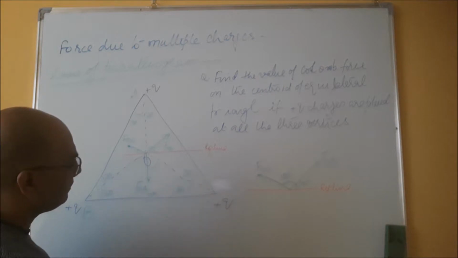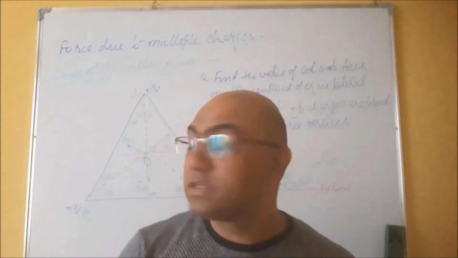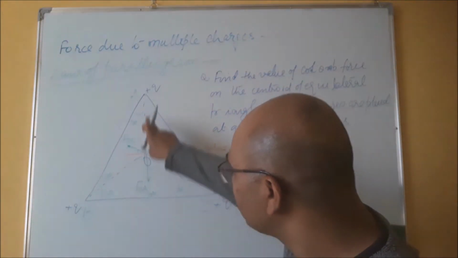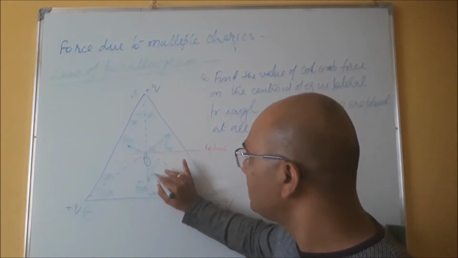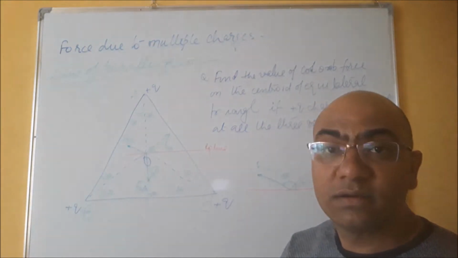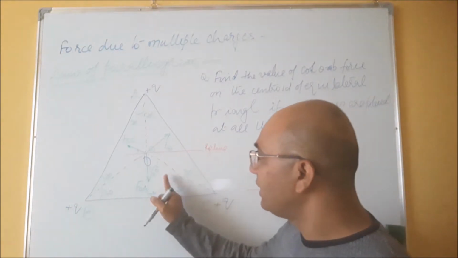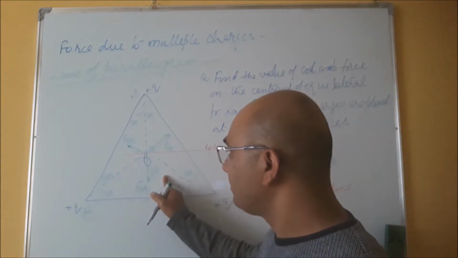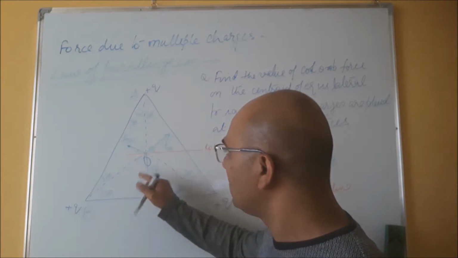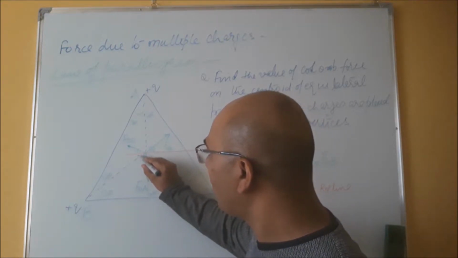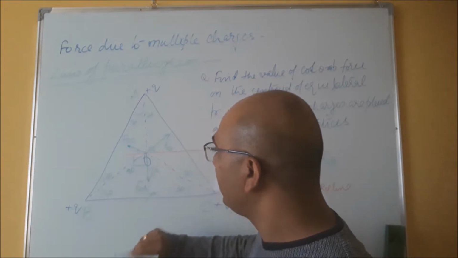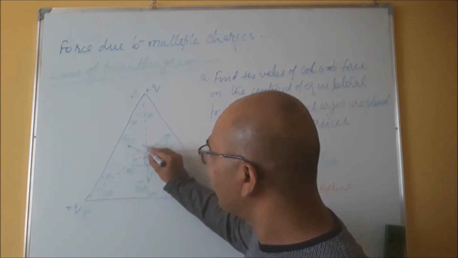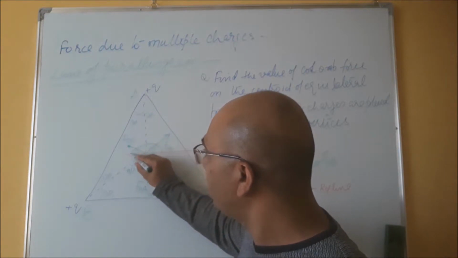This is 90 degree, which is coming down, this is 30 degree, so naturally this is 60 degree, right? So this complete is 90 degree, and this whole is 180 degree from this point to this point.